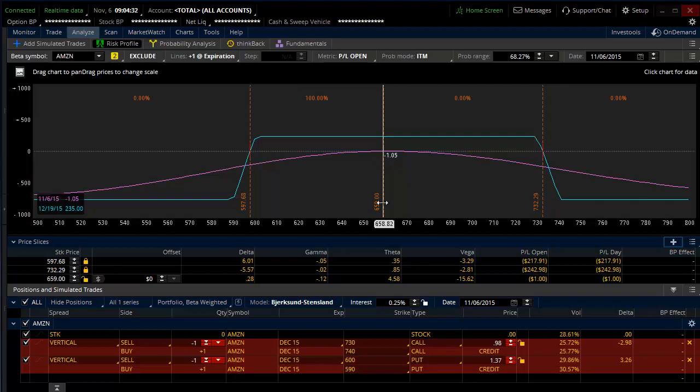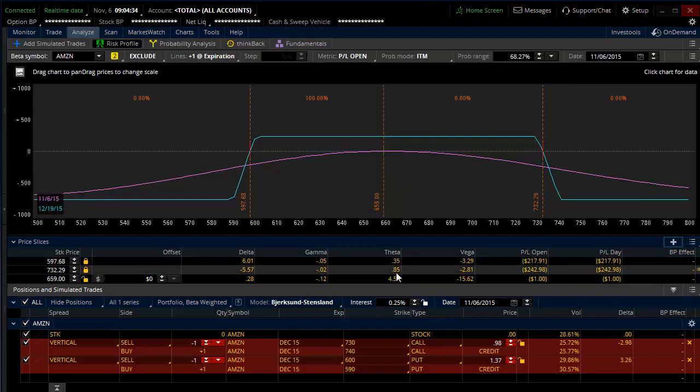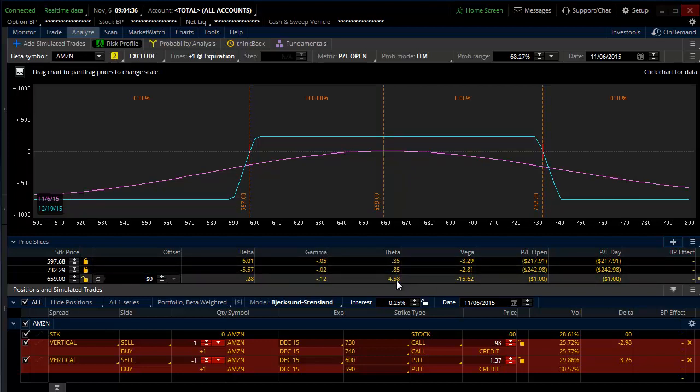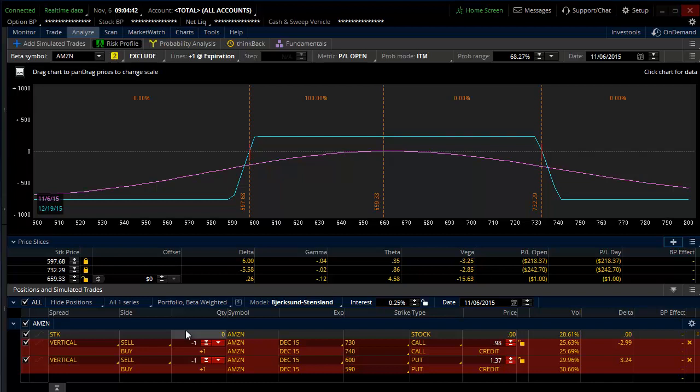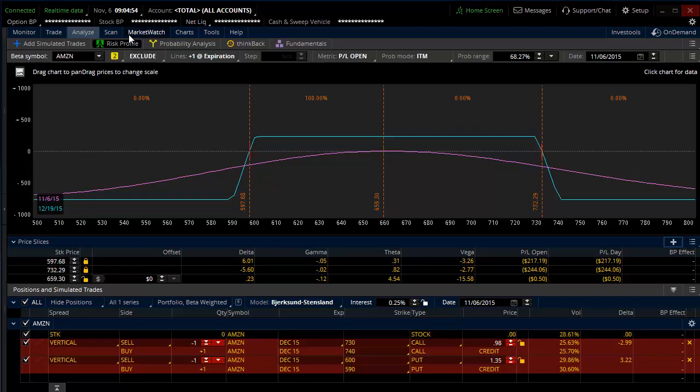We stay delta neutral and we generate positive theta each day, and then we close the trade when we've hit our target profit, or when we've hit our maximum loss. And we do this over and over and over again, so that eventually over time your account begins growing. All right, guys, I hope that helps.